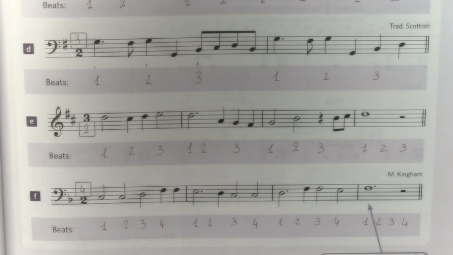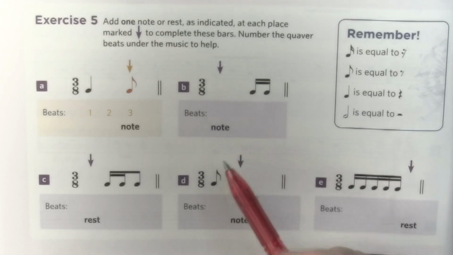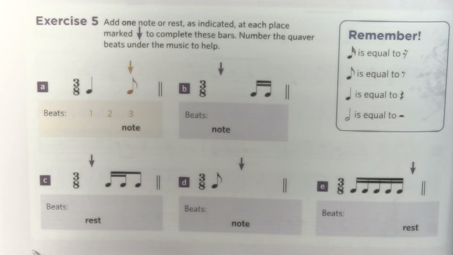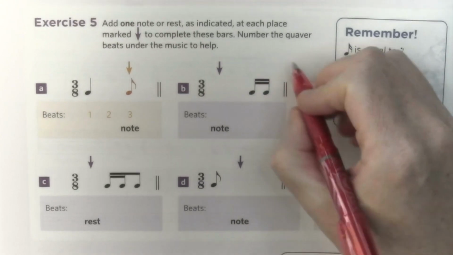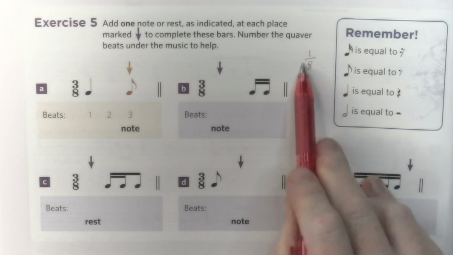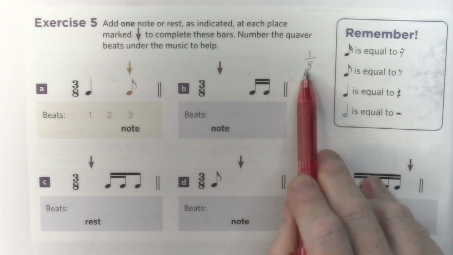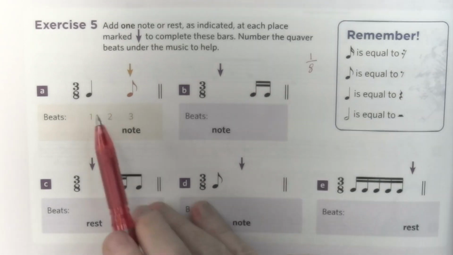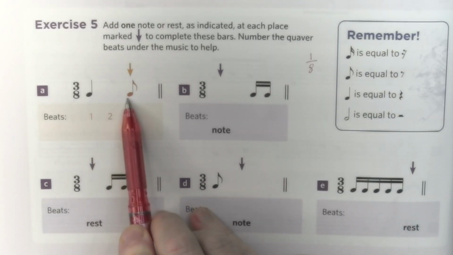Are you happy? Exercise 5. A new time signature is the one that has 8 at the bottom. Now we said that 2 means minims, 4 means crotchets, and 8 means quavers, because a quaver is 1/8. So this is why 8 indicates the measure value of quavers. 1, 2, and 3.